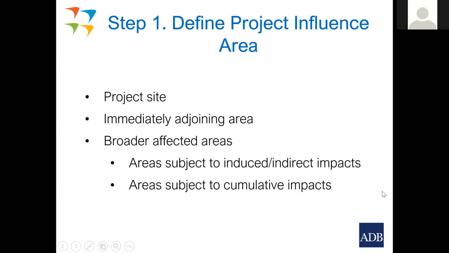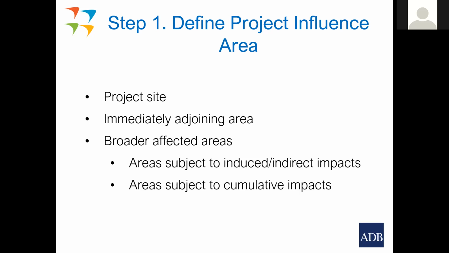So different projects would have different influence areas, but we must include all of them. That includes any quarries, any borrow areas that are used for servicing the site, spoil disposal areas, and any transport corridors that are used for taking materials to or removing materials from the site.